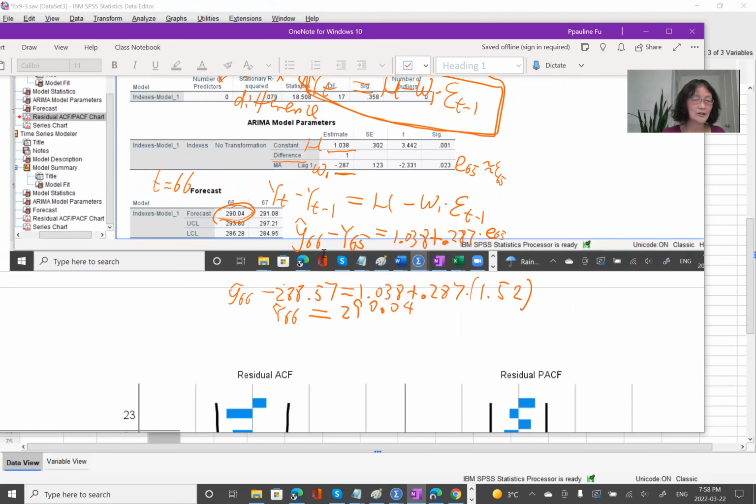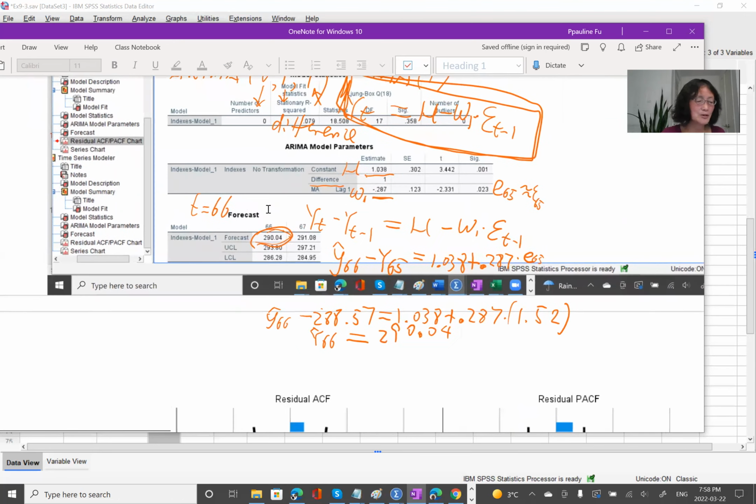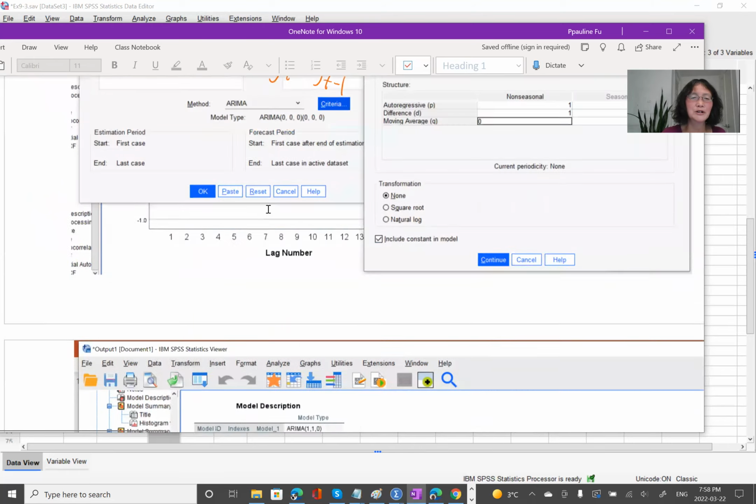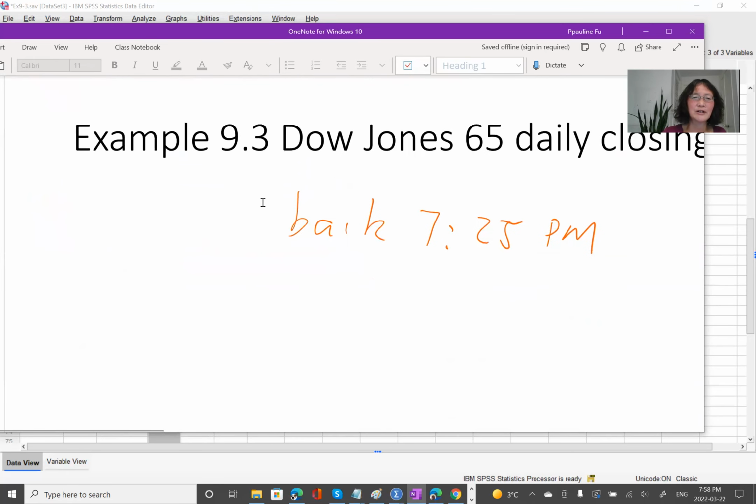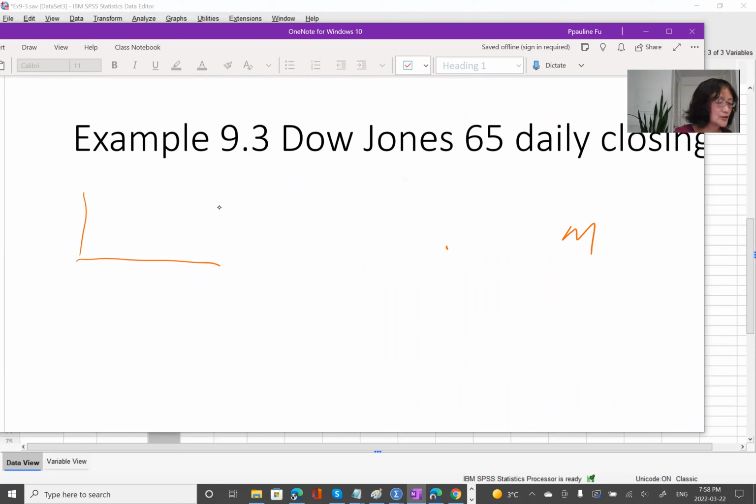All right, so in this example, we proposed 2 models. So let me write down the summary. In example 9.3, because the data is trending up, so this is the time, this is the index, closing price.